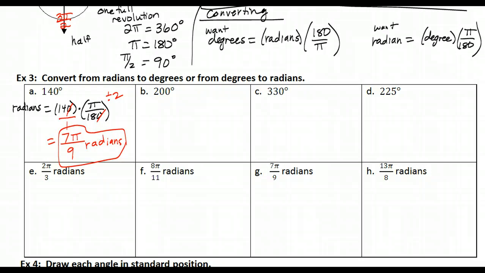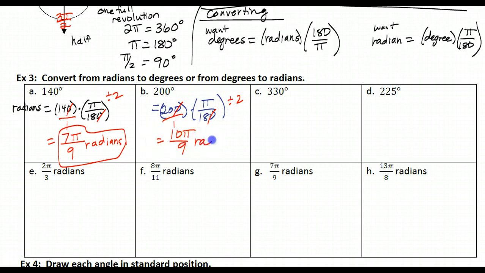Now let's do a few more just so you can get the hang of it. I'm going to go kind of fast, so make sure you pause the video if you need to. So again, I want radians, so I'm given degrees, and I'm trying to get radians. So here I go. 200 times pi over 180. Once again, one of the zeros can cancel with each other, and now I have 20 over 18. Divide by 2, 10 pi over 9 radians.